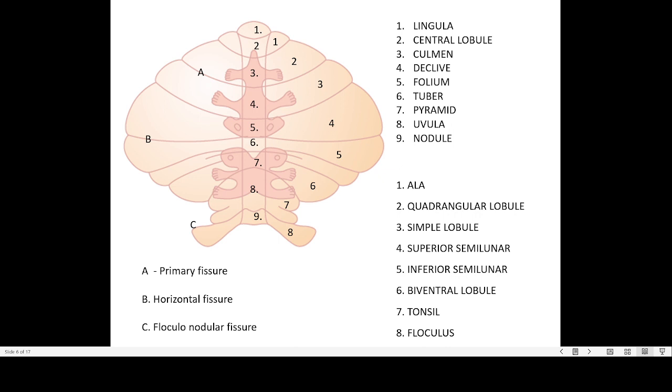Now you can come to the superior aspect, the position of the lobes and the structures.